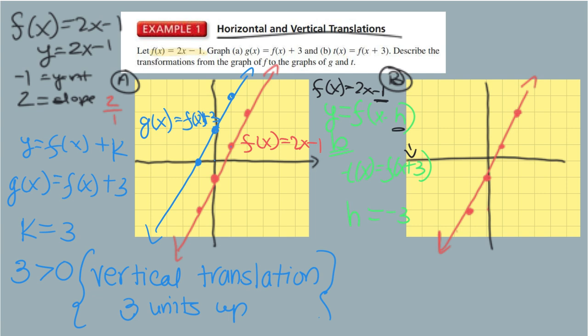So when we have negative 3, the new graph is going to be what? Horizontal. We know it's horizontal. A horizontal translation. 3 units where?